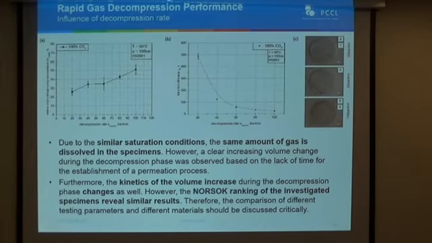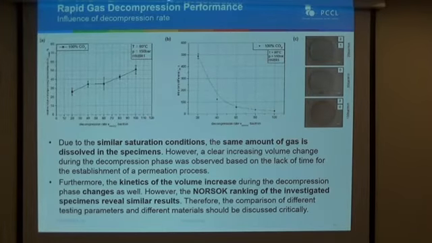Then we went on to the influence of the depressurization rate, and we see that when we depressurize the material with 20 bar per minute or with 100 bar per minute, we see a strong difference. We see a volume increase of 20 to 30% for depressurization at 20 bar per minute. With 100 bar per minute, we see a 45 to 55% volume increase during depressurization.